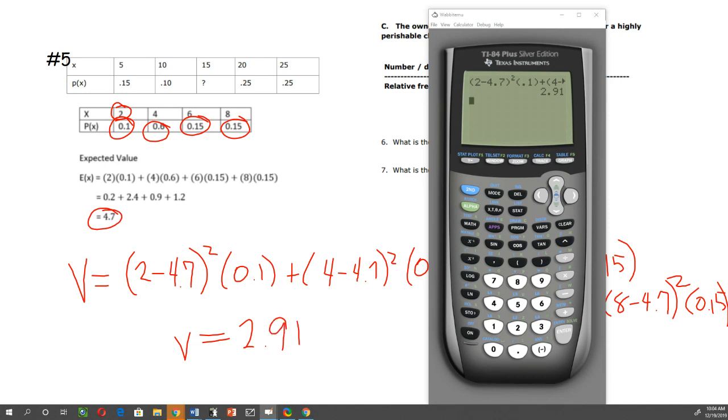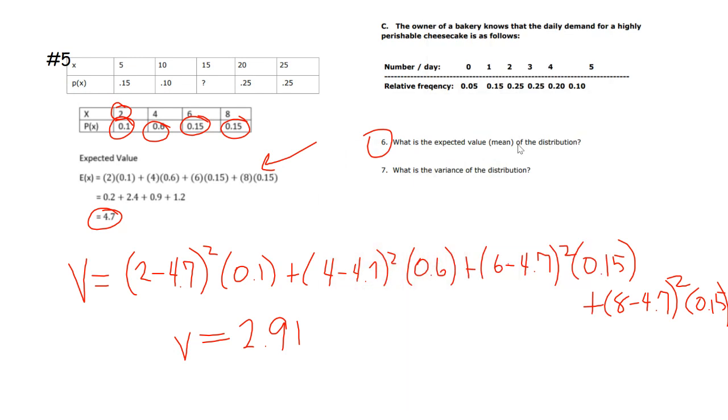So that's the variance. That's what you have to do on number 5. And then number 6, you're doing the expected value just like that. You've done that before. And then number 7, you're doing the variance, which is this right here. So just do all that. You've got your calculator, so you know how to do all that.